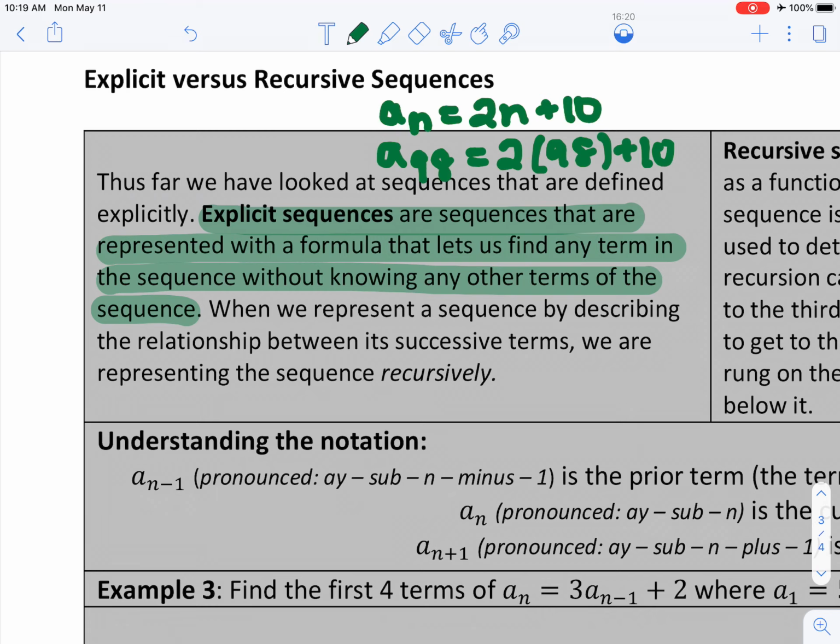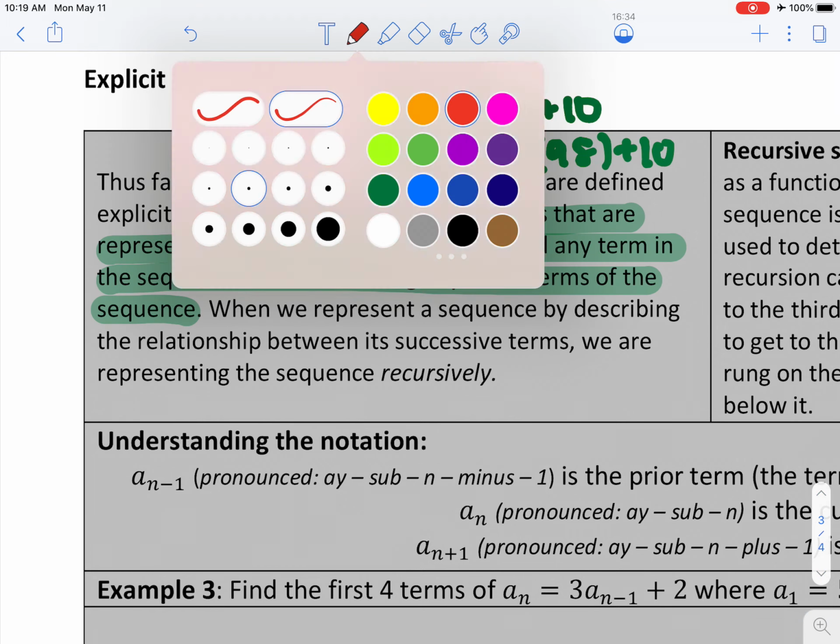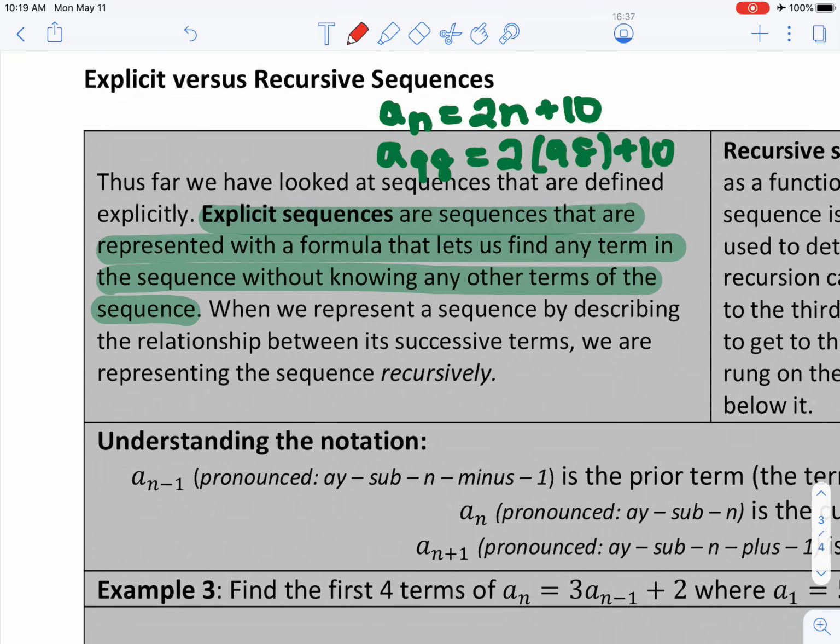However, this is not always how sequences are represented, and we played with this idea of recursion initially when we looked at building or identifying the patterns between terms in practices 1 through 4. If you'll remember, in our very first practice of these notes, we had the sequence 1, 4, 7, 10, and we were looking at a pattern amongst all of these terms.